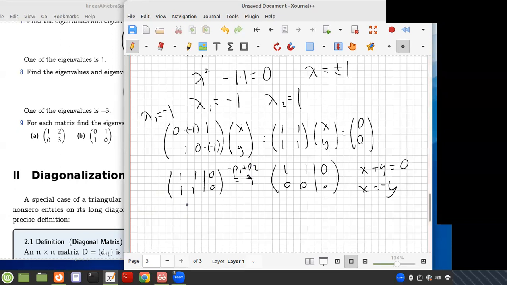And so we can choose y equals minus 1 to get 1, minus 1 for V1.